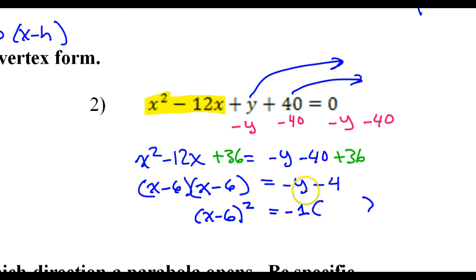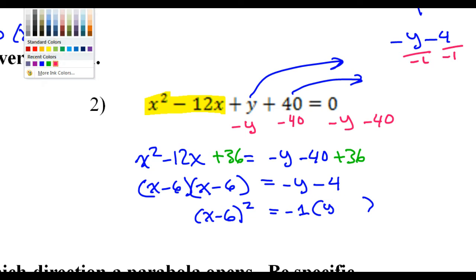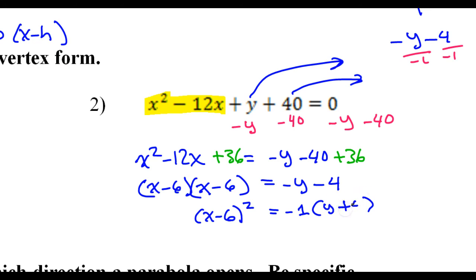And if we do that, on the inside, that's going to leave positive y, because it's like we're dividing. We're taking negative y minus 4. When you pull out that negative 1, you divide. So we're dividing both of these by negative 1. Negative y divided by negative 1 is positive y. And negative 4 divided by negative 1 is positive 4.